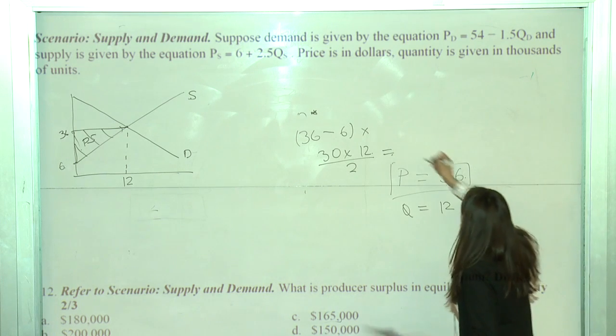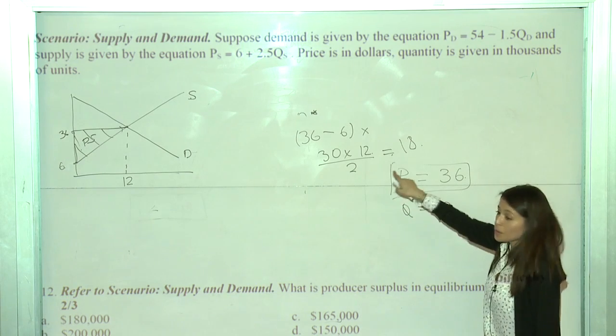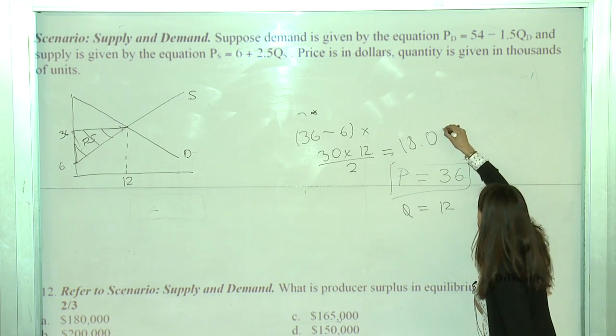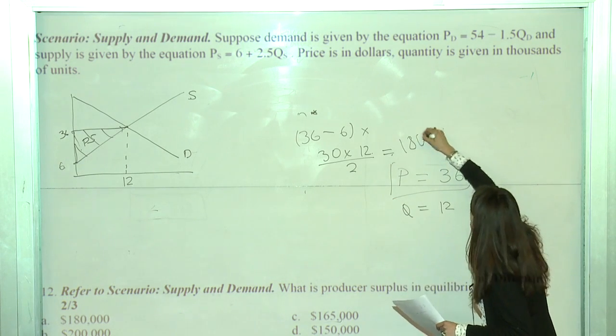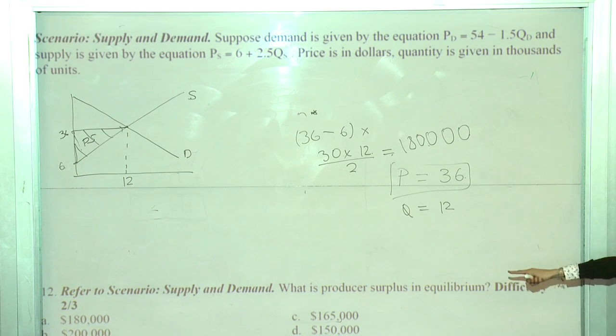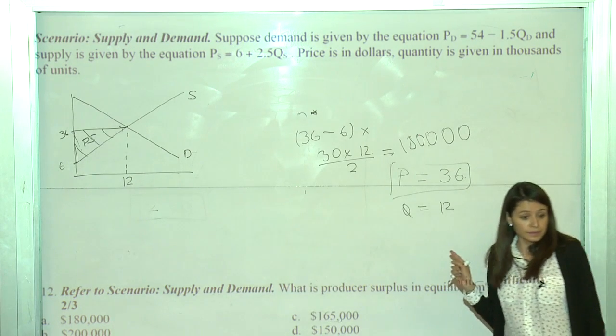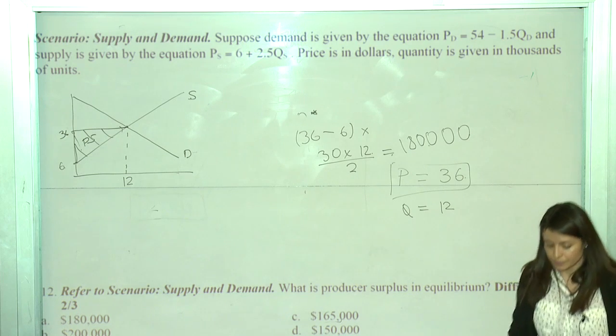Exactly. So this is equal to 18, and because the quantities are in thousands, this is equal to 180,000, which is A. Is it clear? Okay? Good.